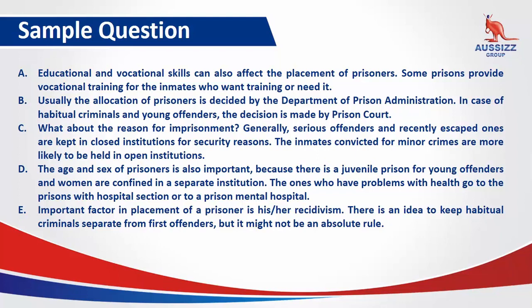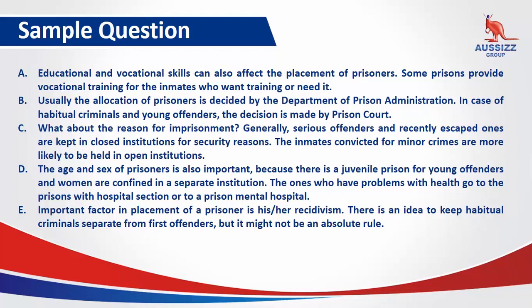This seems like an interesting thing to have, because what about the reason for imprisonment? Each of these sentences beforehand has talked about how everyone will be placed, but nobody talks about the reason for placement.